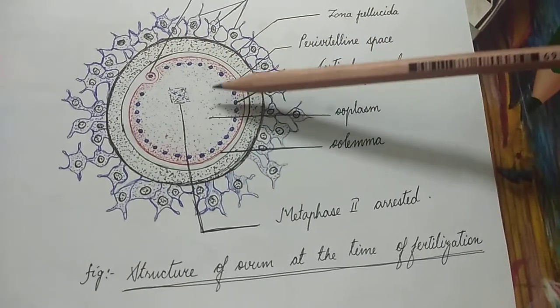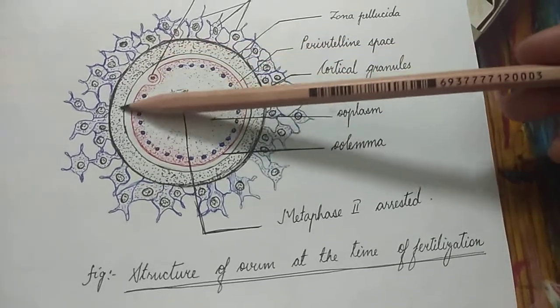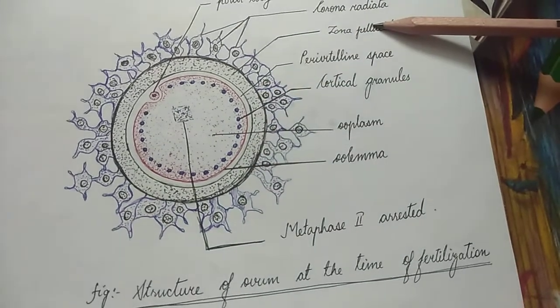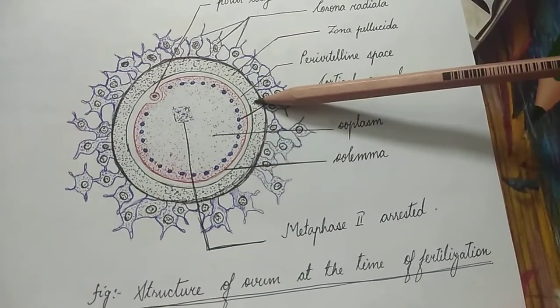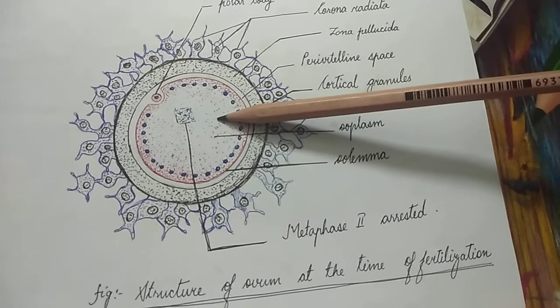The oocyte or the egg remains surrounded by a protective covering known as zona pellucida. The zona pellucida layer is secreted by the oocyte itself.